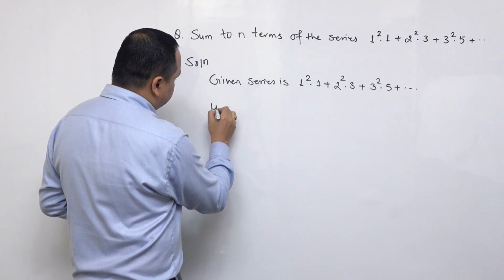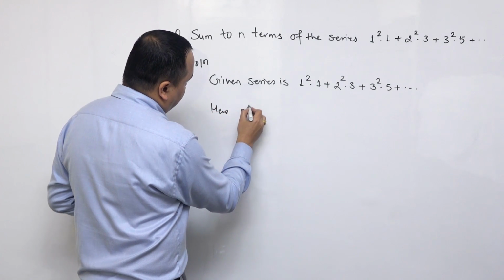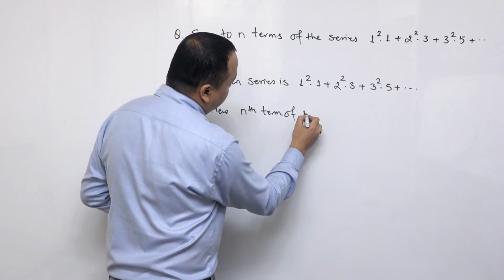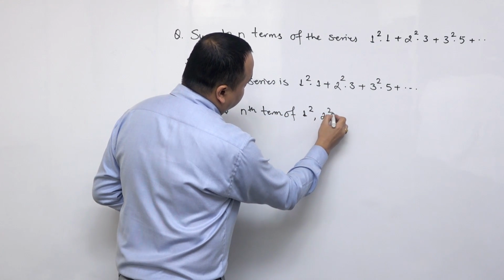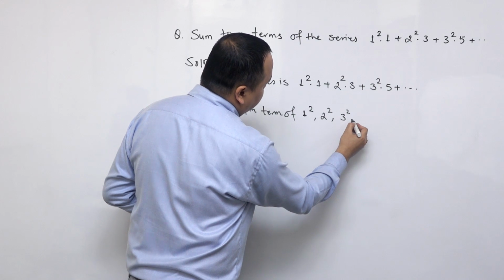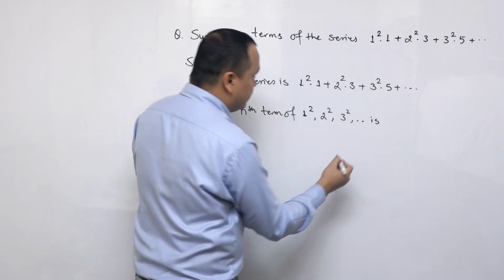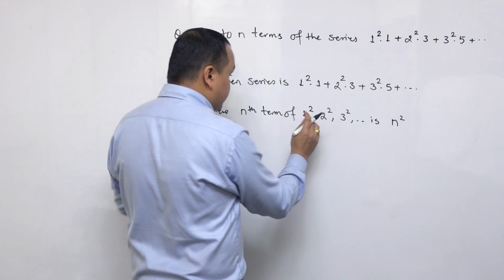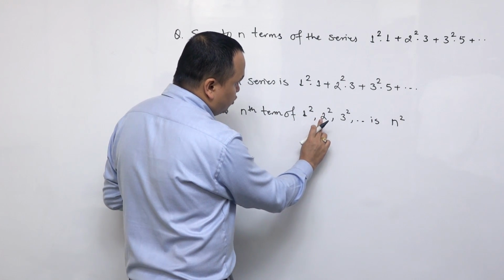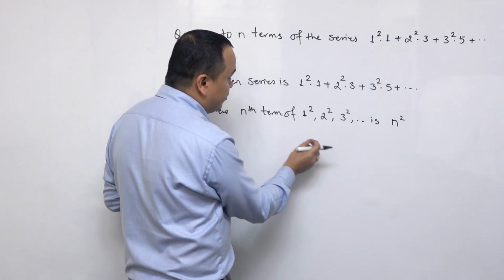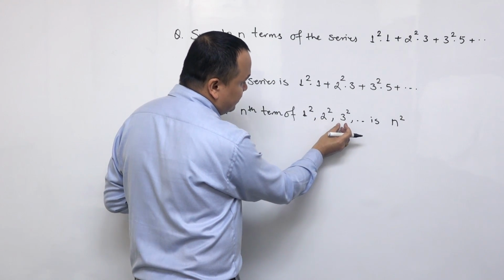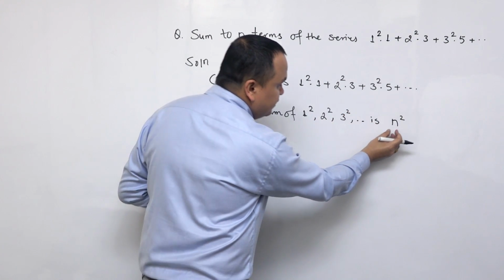Here, nth term of 1 square, 2 square, 3 square is simply n square, because T1 is 1 square, T2 is 2 square, T3 is 3 square, then Tn is n square.